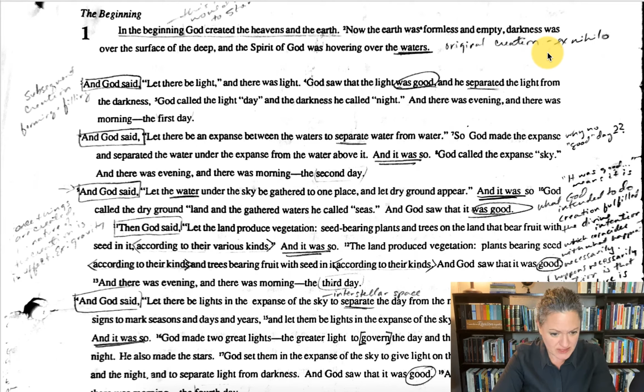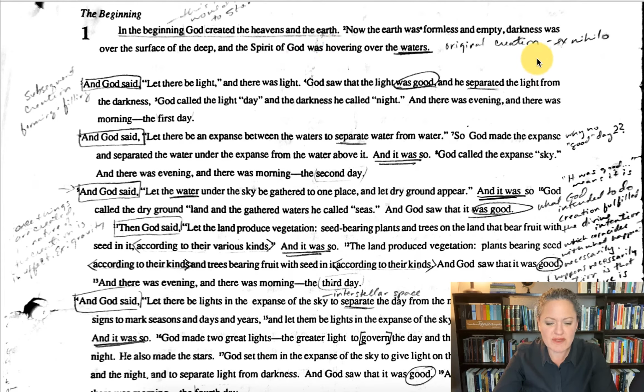So originally, God brings into being what didn't previously exist, and he brings it into being from his word, his being. And the earth is formless and empty, and darkness was over the surface of the deep. So you should think about, what is the surface of the deep? What is the deep? And the Spirit of God, so notice there's a Spirit of God, not physical, Spirit of God was hovering over the waters.